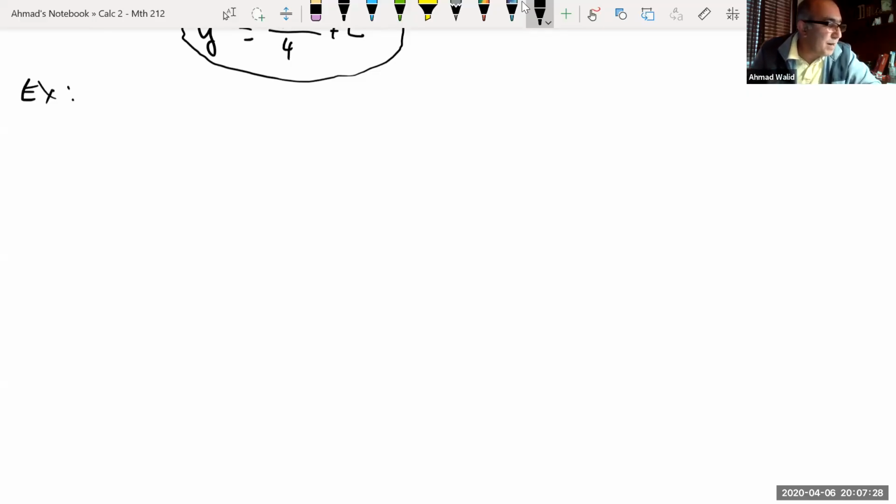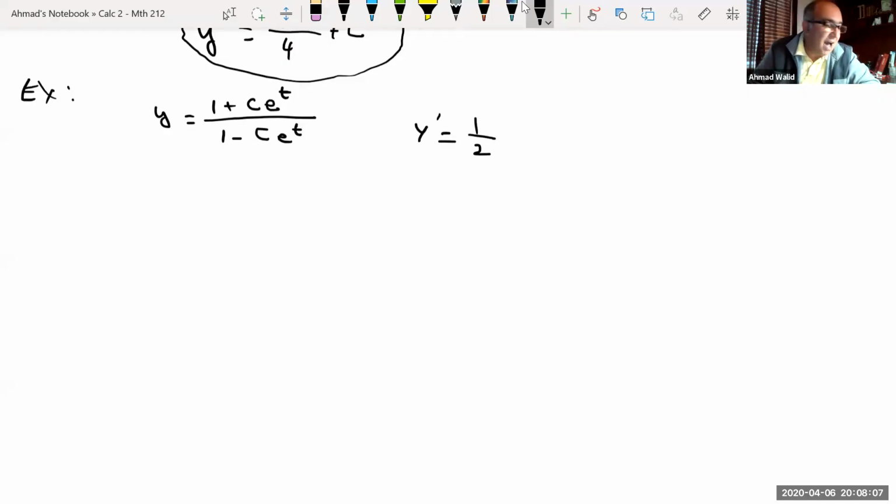Show that every member of the family of the functions y equals 1 plus c e to the power of t over 1 minus c e to the power of t is a solution of the differential equation y prime equals 1/2 (y squared minus 1).